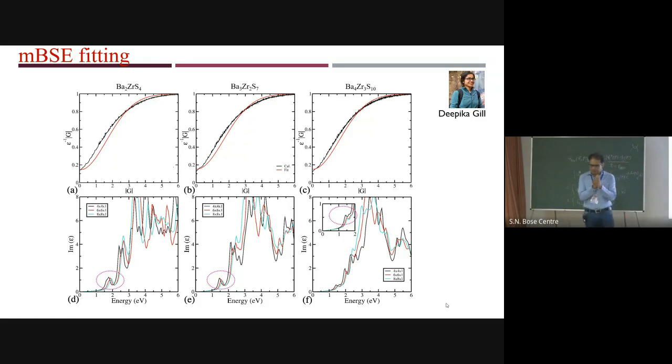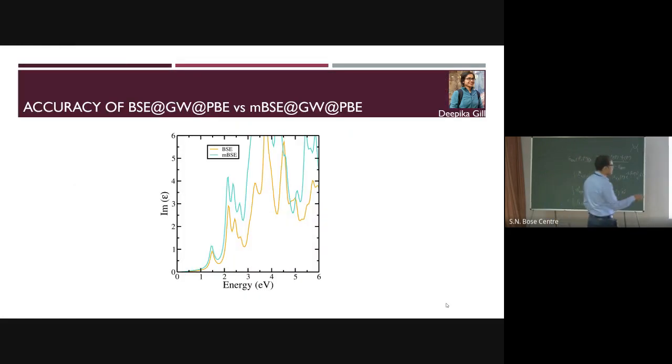The difference between the two is very small. This is the BSE and this is the MBSE. The accuracy of both for n equal to 1 is very good. But for n equal to 2, 3, 4, and so on, you cannot do it using BSE, so there your MBSE works very well. That's the typical idea, and you can see that there is no cost in accuracy for the first peak.